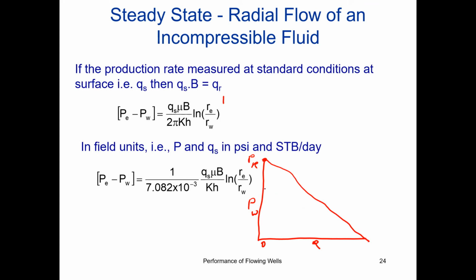If you drop the pressure to here, this is the amount of oil that comes out of the reservoir. This is called absolute open flow. When the reservoir is completely open, the pressure at the wellbore is 0.